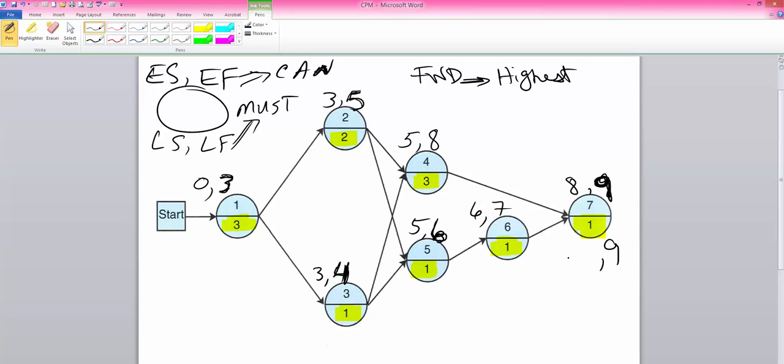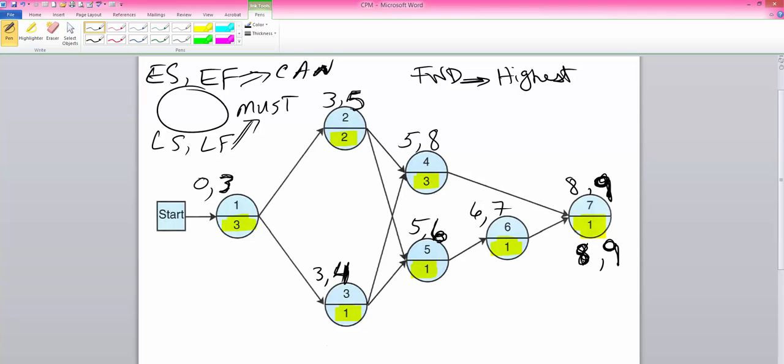So now in our backward pass, we perform a subtraction. 9 minus 1 is 8. This is the latest time that activity 7 must be started, in month 8, so that when it takes 1 month to be finished, at the latest it can be finished in month 9.